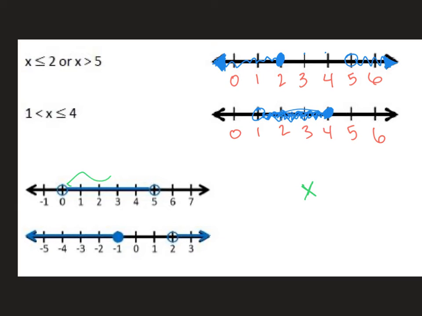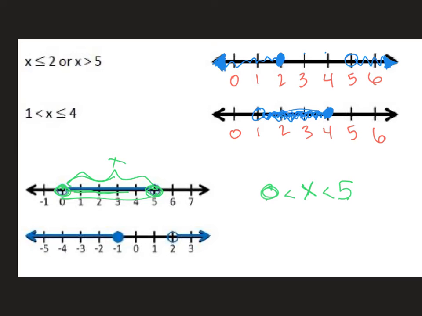We have an open dot and an open dot, so we know that our inequalities are not "or equal to." So x right here is greater than 0, and it's less than 5. x is literally in between 0 and 5. So we got 0, x, 5. It's right in the middle there.